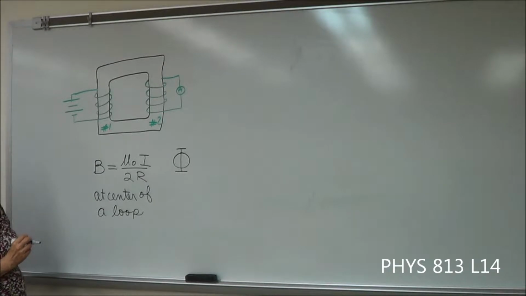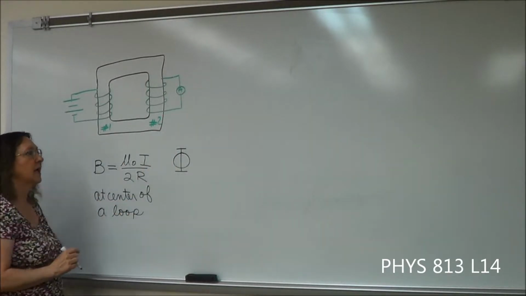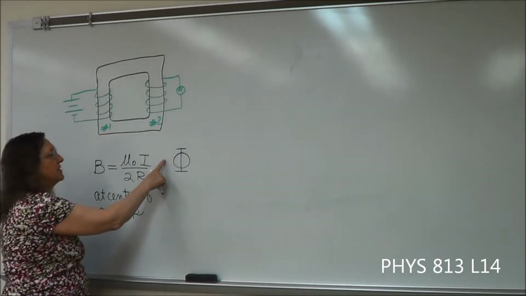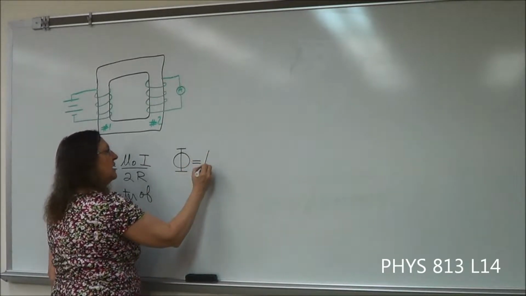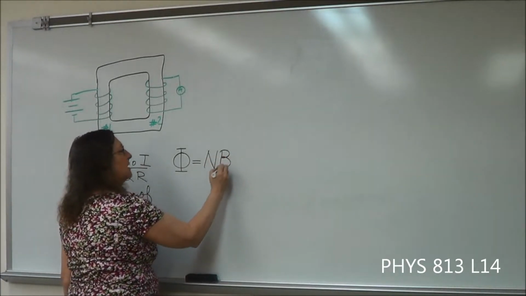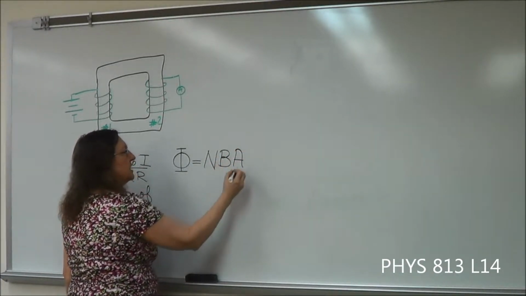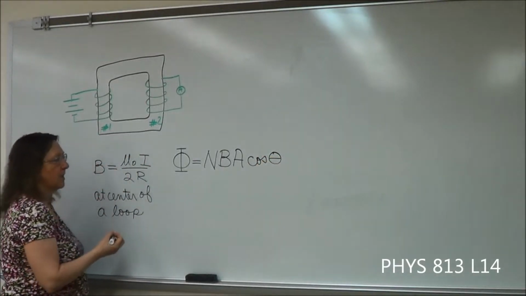If you remember, the phase angle in the phasor diagram was phi, but it didn't have these little bars across it, so it was a lowercase Greek letter. But this is flux, and flux is defined as the number of loops times the magnetic field times an area times cosine of an angle.